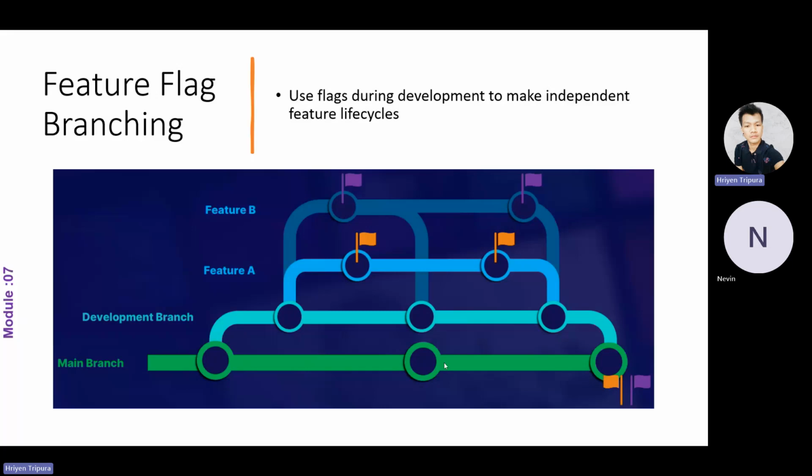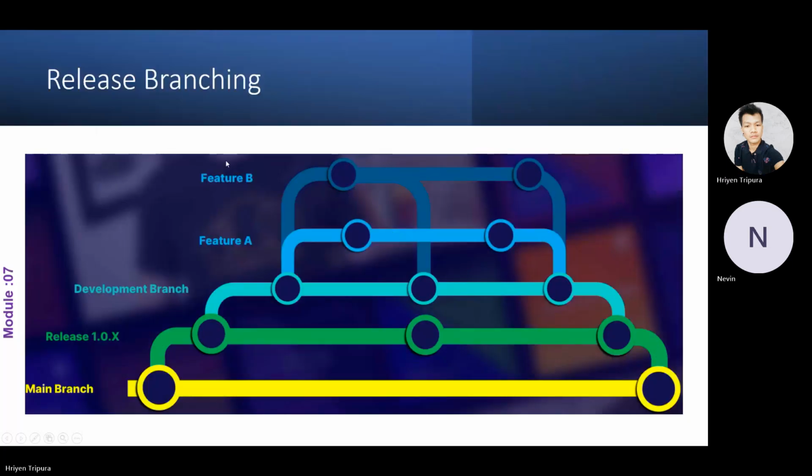For a certain feature, if you want to control the visibility, you can do that in the main branch itself, so that it will not affect or disturb any other branches. And this is the release branching.